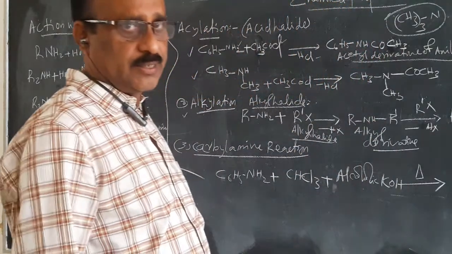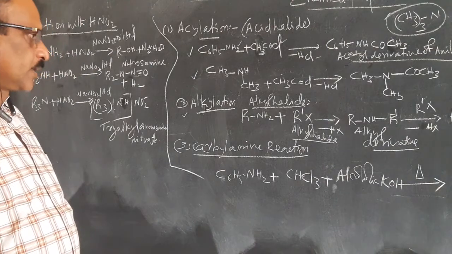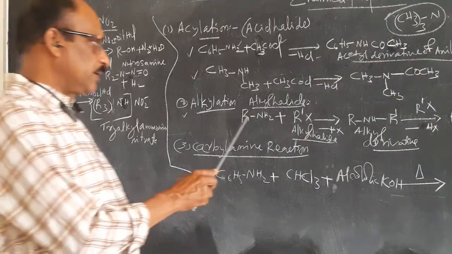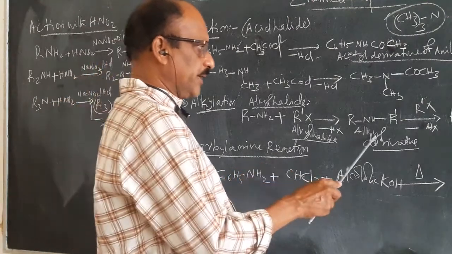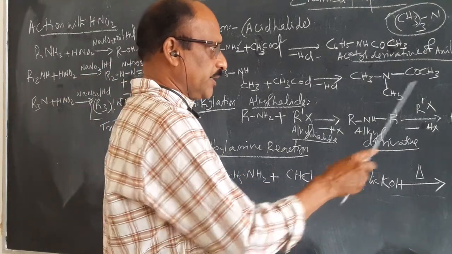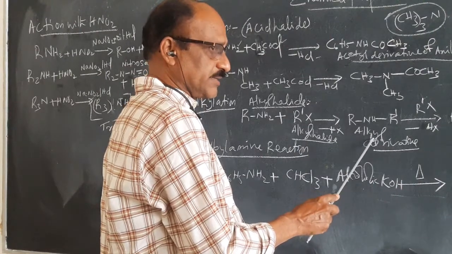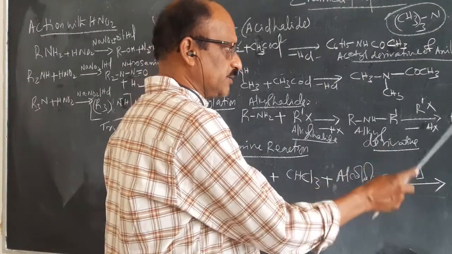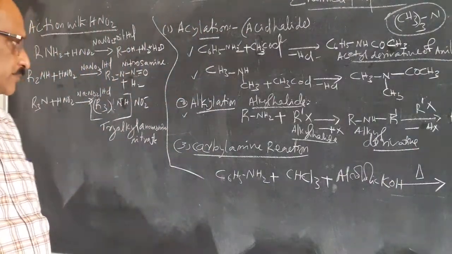I will show the reaction once again with the help of the camera. The primary amine reacts with an alkyl halide, the alkyl derivative is formed, which is a secondary amine. Secondary amine changes to tertiary amine, and finally you are getting a quaternary ammonium salt.